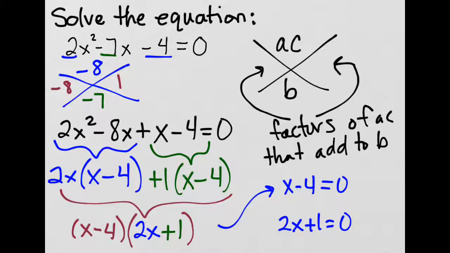When we solve the first expression, we get x equals 4. When we solve the second expression, we get x equals negative 1/2. So those are our two solutions. If you were to graph this, that is where the parabola would be crossing the x-axis. It would be crossing at 4 and negative 1/2.